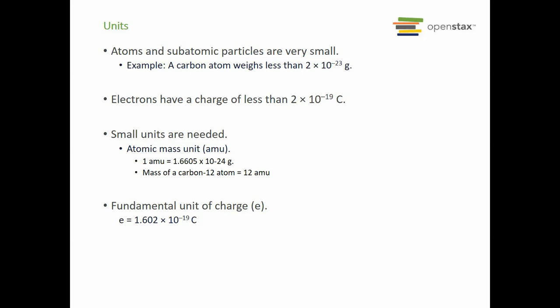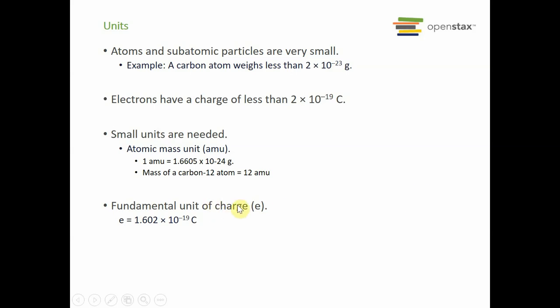Originally, it had been defined in terms of the mass of a hydrogen atom, but in terms of standards, they found that carbon was much easier to work with, and it could be purified more easily to carbon-12. And just because everything was easier, they defined carbon-12 as 12 atomic mass units. And that's why hydrogen comes out to have an atomic mass unit greater than 1.